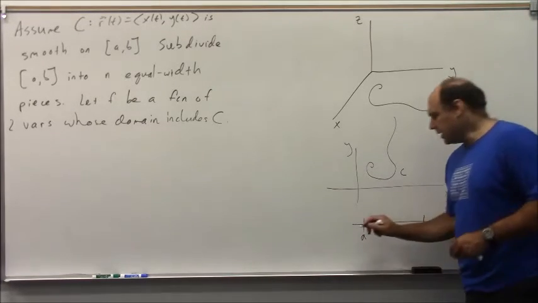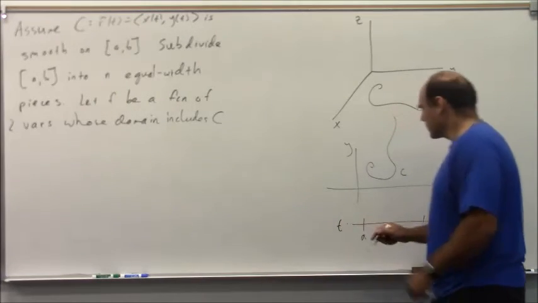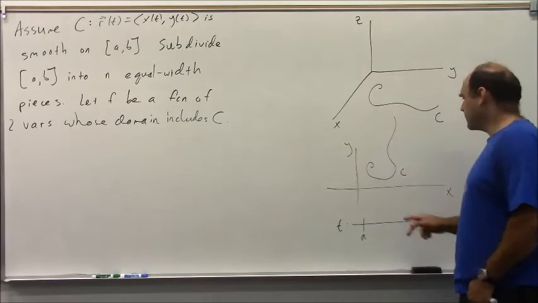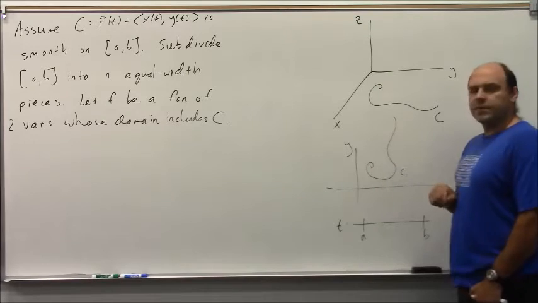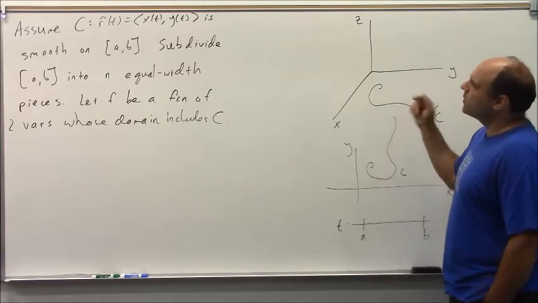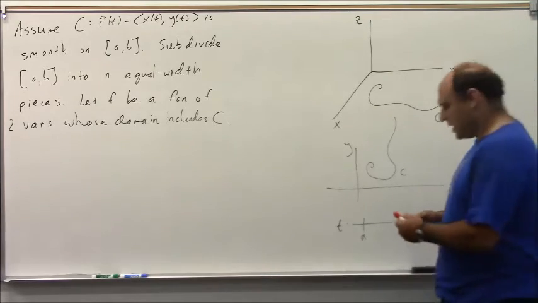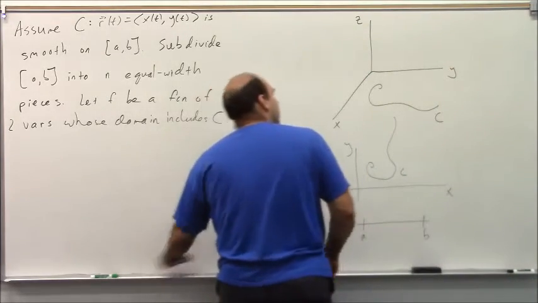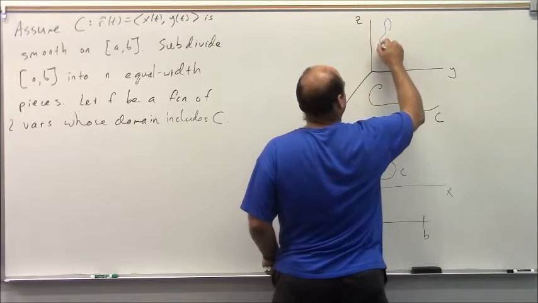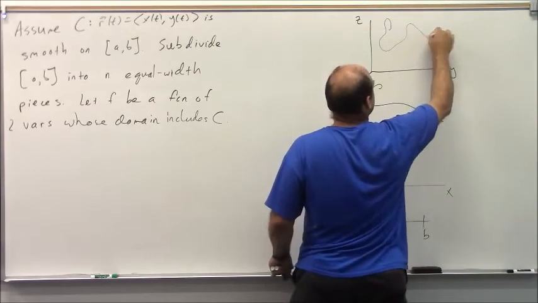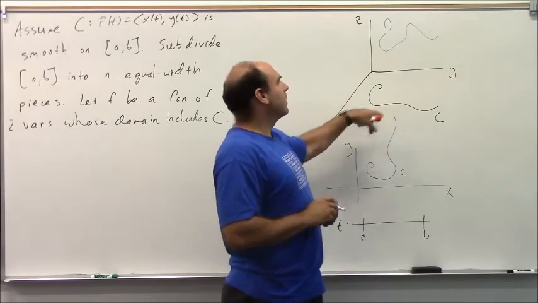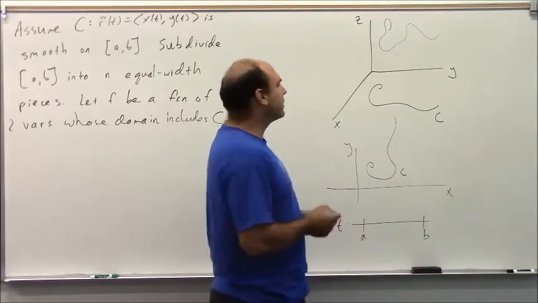So I have t between a and b. I plug this into my function r, and I come up with this curve in the xy plane. And then I take points off of there and I plug them into my function f, and I get some graph lying above the xy plane, and it may do something kind of this-ish. So the shadow of the blue curve is precisely C, but the blue curve is also going up and down in space.